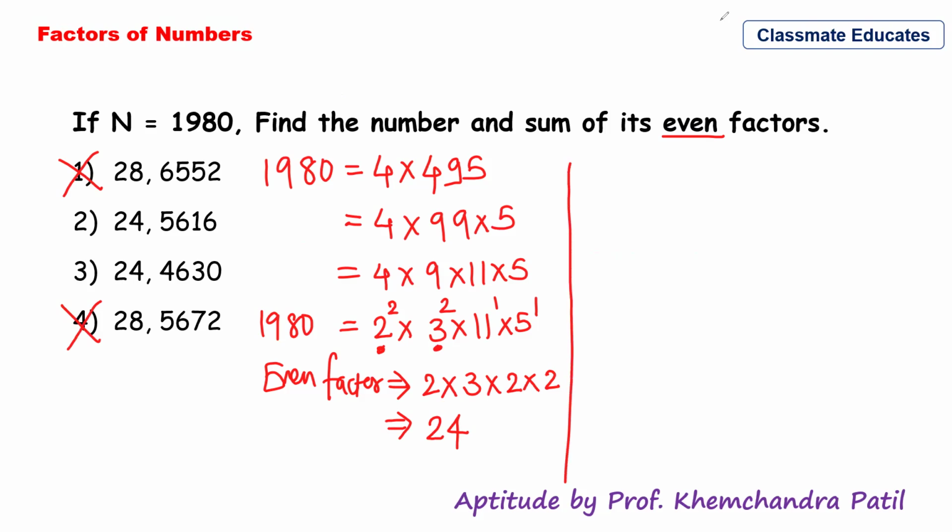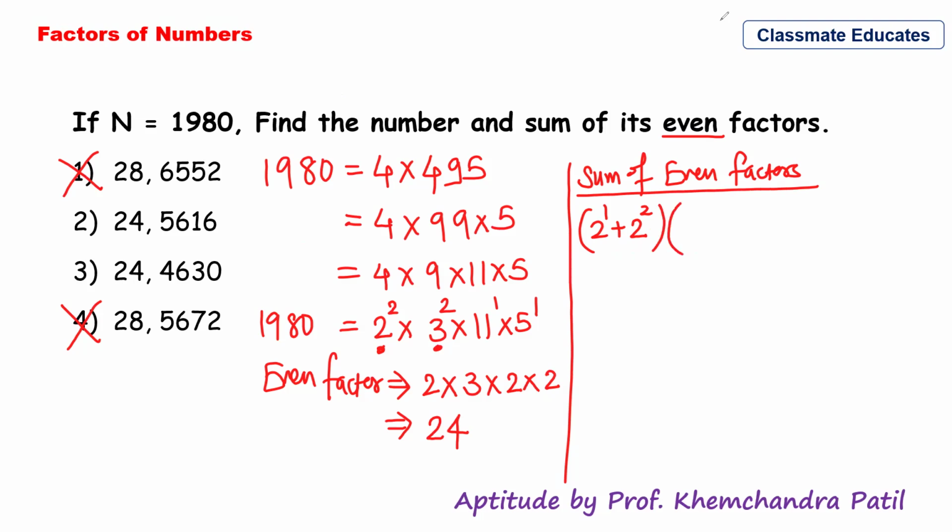Now we want the sum of even factors. For the sum of even factors, you can do it this way. How will you find the addition of even factors? Now we require the minimum power of 2 as 1. So 2 raised to 1 plus 2 raised to 2, and that is the maximum power in this number.